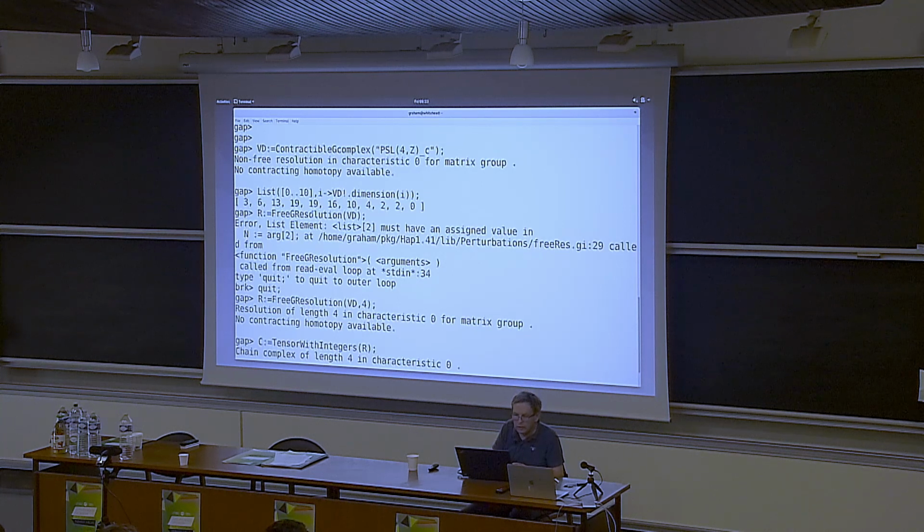The Voronoi domain is just the starting point, and then you have to do a lot of calculation to get the integral homology. You have an action of the group on the Voronoi domain that is contractible, but then you have stabilizers, and this gets rid of those stabilizers using permutation groups.